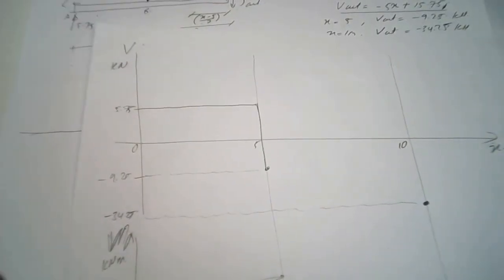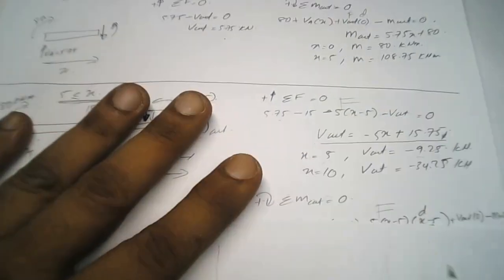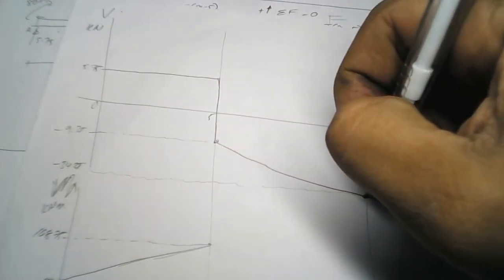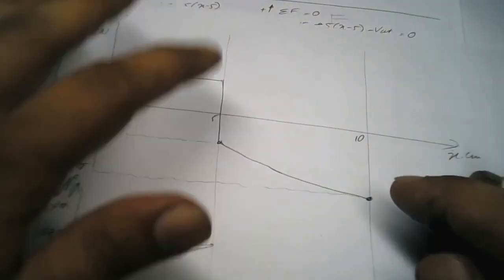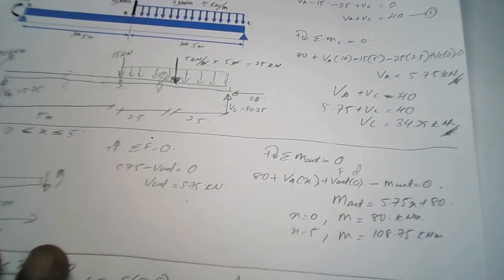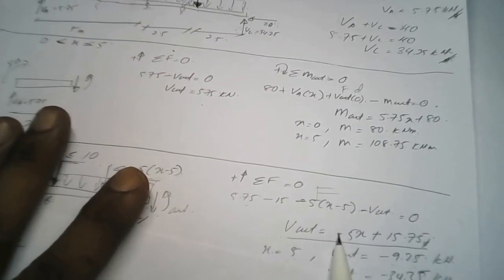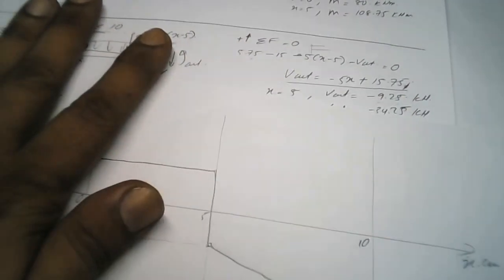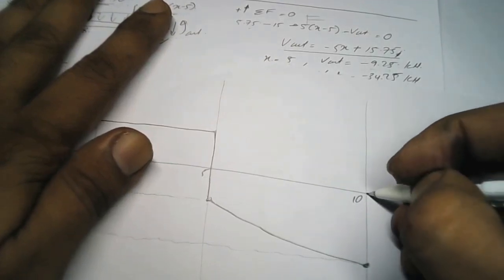This one is a linear equation. That means we have a downward graph, because we have a negative slope here. So we just close up our graph.